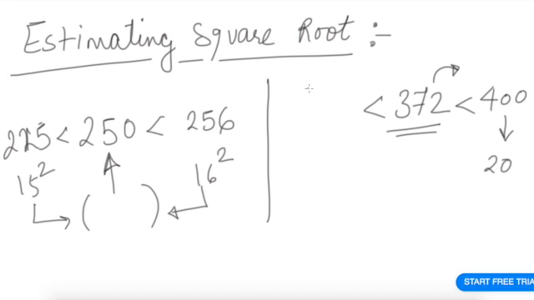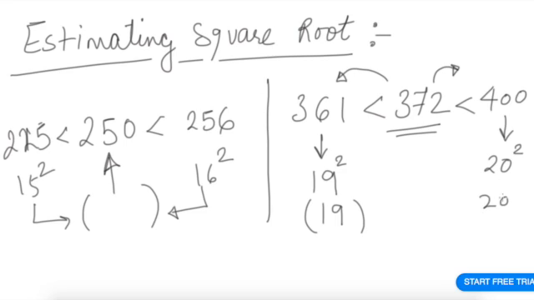This would be 361, which is the square number just less than this, and that happens to be the square of 19. So 19 squared equals 361, 20 squared equals 400. So the square root of 372 should ideally lie between 19 and 20. It could be 19.1 or 19.2 or 19.3, we don't know right now, but that is just an estimation. So this is how you estimate.